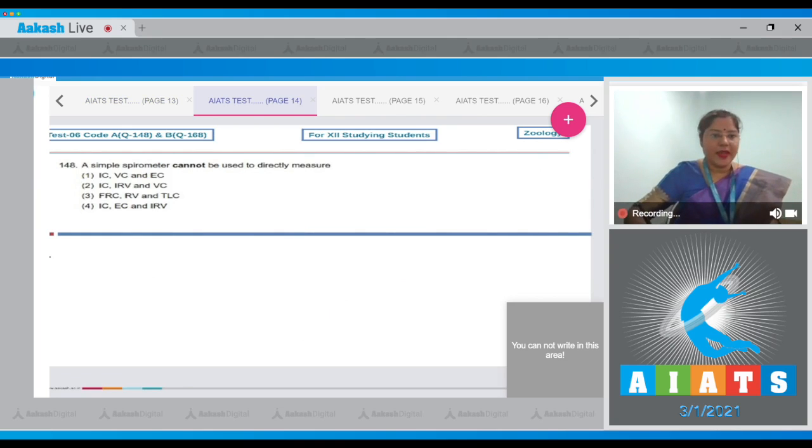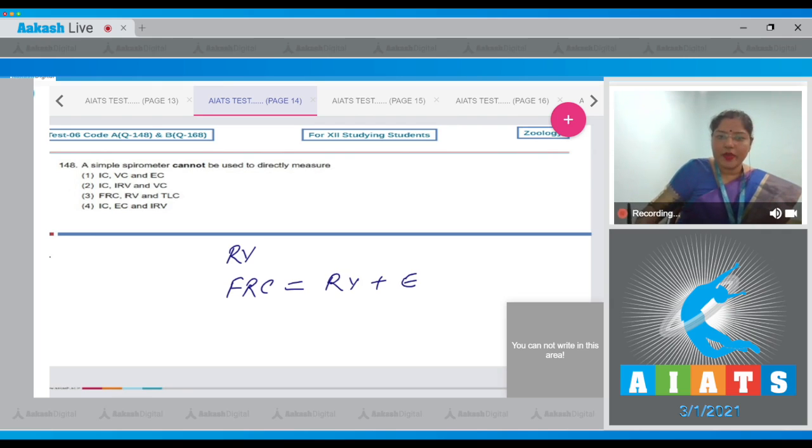Question number 148. A simple spirometer cannot be used to directly measure: By simple spirometer, we cannot measure residual volume, FRC, which is the sum of residual volume and expiratory reserve volume.